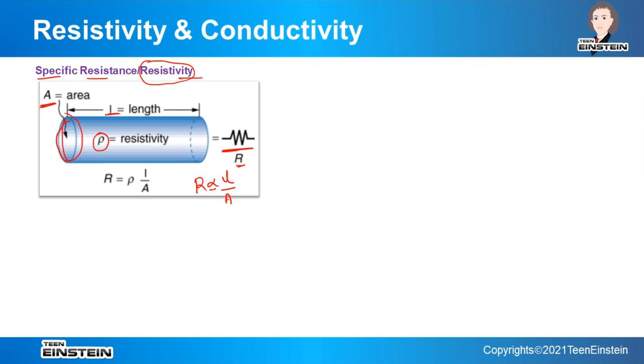Now if you remove this proportionality sign, you have to place a constant. So this rho is that constant, and it is known as resistivity. You have to remember this relationship, because in a numerical, if one of the values is unknown and the other values are given, you can easily find the unknown variable.